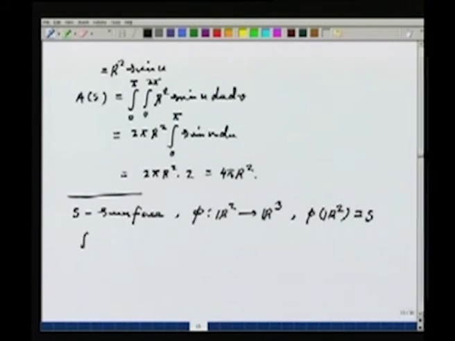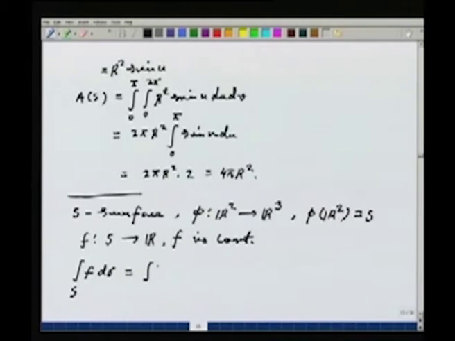And suppose f is a function from the surface to the real line. Assume that f is continuous. Okay. Then I want to talk about the integral of this function over the surface S. So how do I define this? Well, integral over S f d sigma, that is the notation for the surface integral. I will tell you what exactly it means. Well, it is given by a double integral.